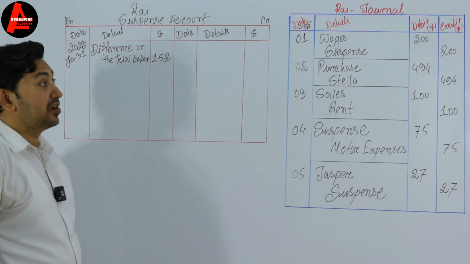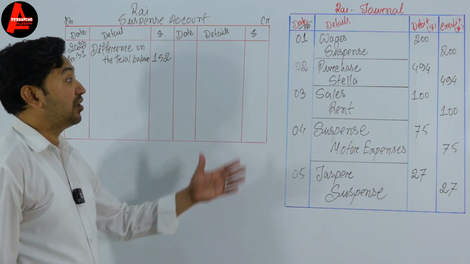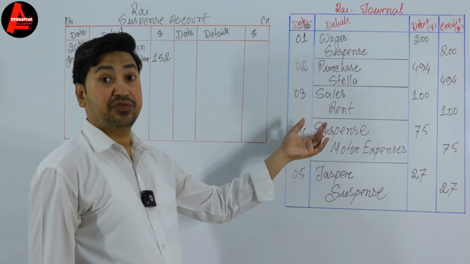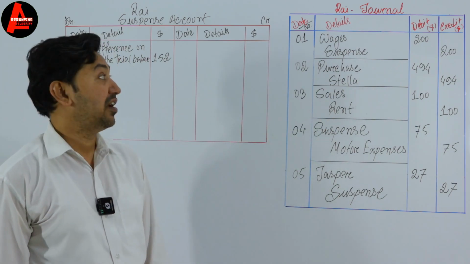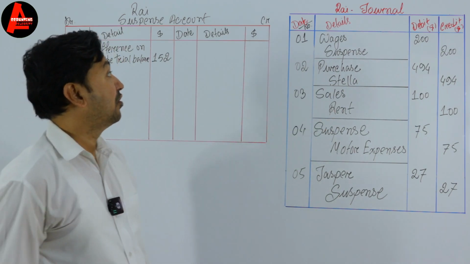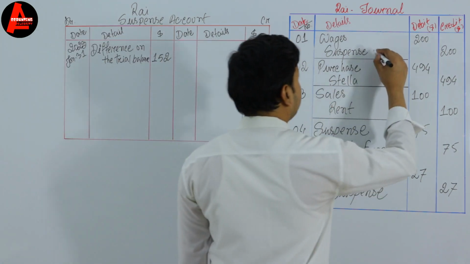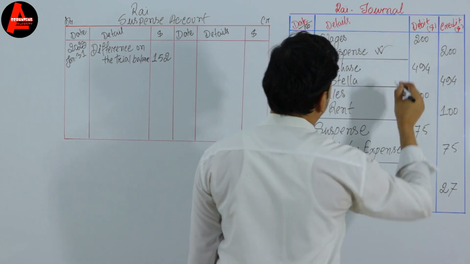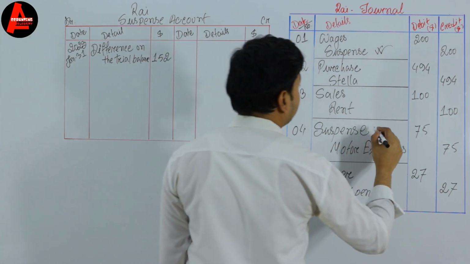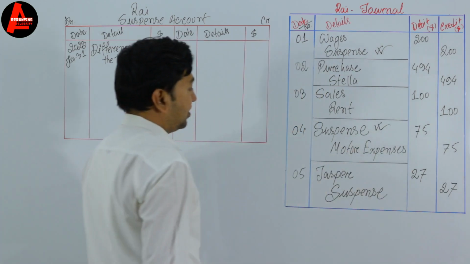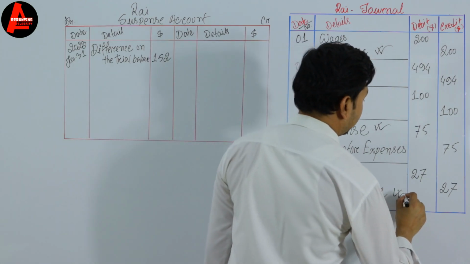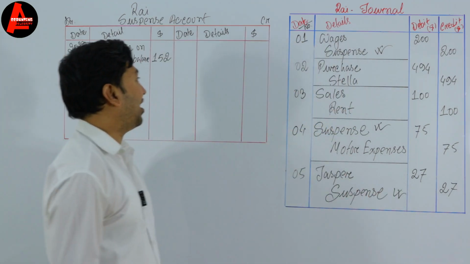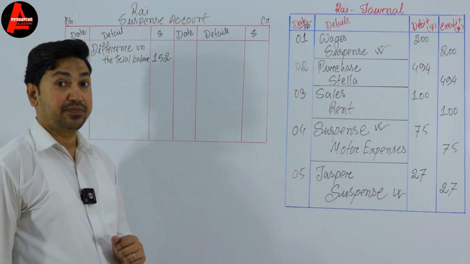Okay, good. Now what to do? Now we need to take the relevant transactions from this journal book to this suspense account. Which ones will come? Here we see suspense, this transaction is relevant, and here we see suspense, and the last one we see suspense. So these 3 transactions will appear in the suspense account.